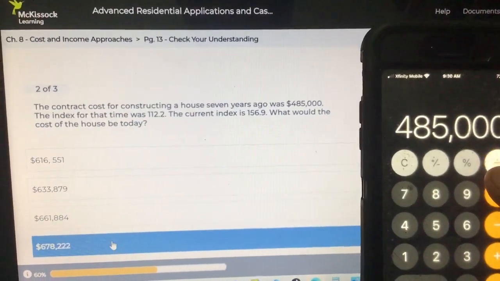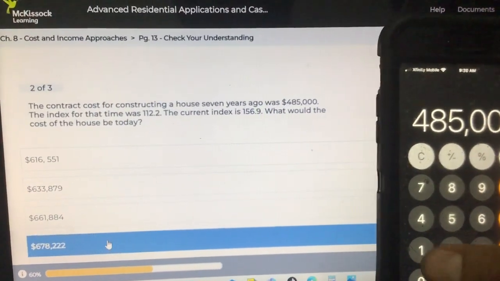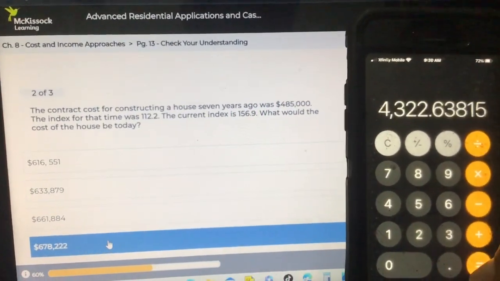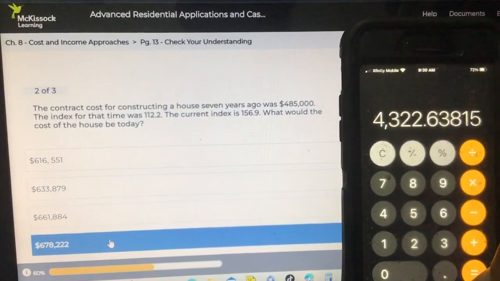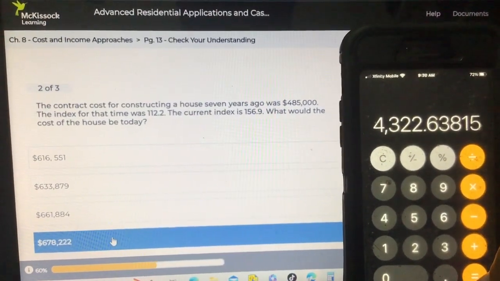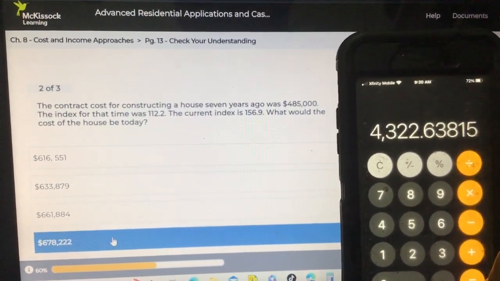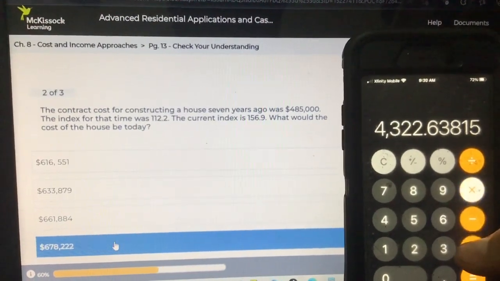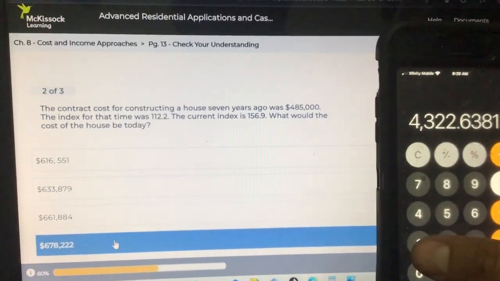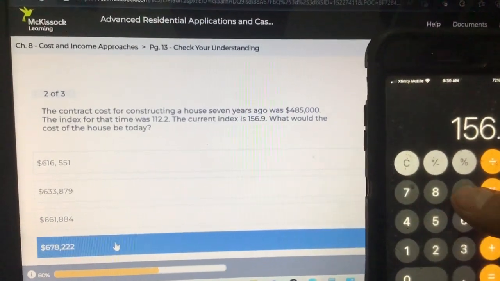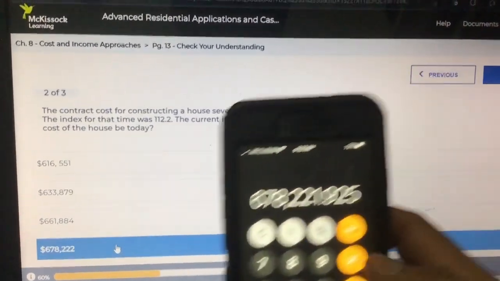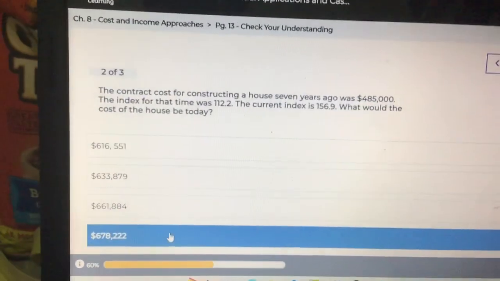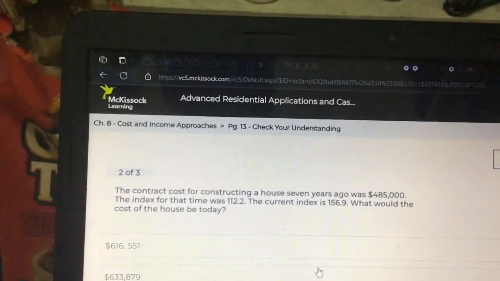I divided it by the index for that time, which was 112.2, which gave me $4,322.638, right? And what I did with that was I multiplied it by today's current index, which was 156.9. Bam, $678,221, whatever. D.